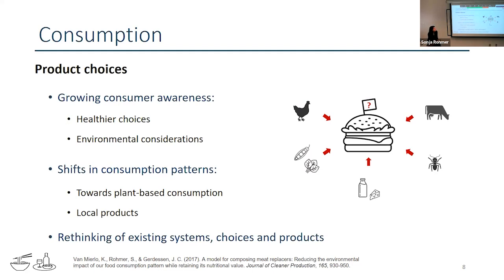In this area, I had a fun little project with a master's student that I supervised during my PhD, where we looked into the design of a meat replacer, and how we can design a burger patty that has an equivalent nutritional value to meat, whether that is beef or chicken, but that has a lower environmental impact. We developed a very straightforward linear programming model that gave us different options.